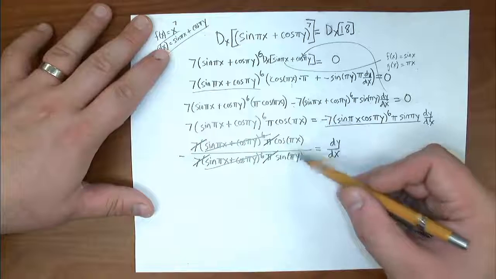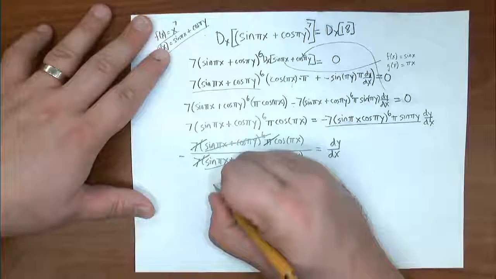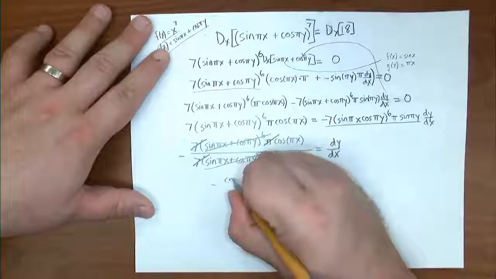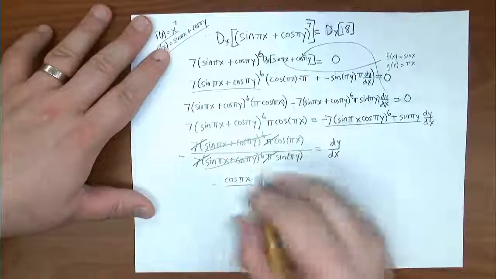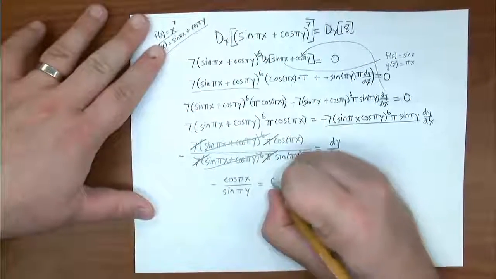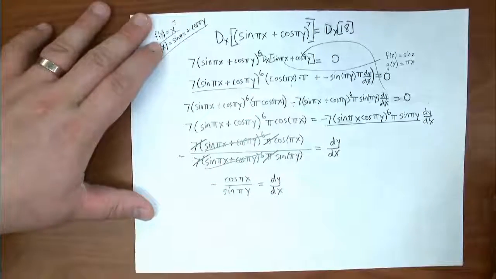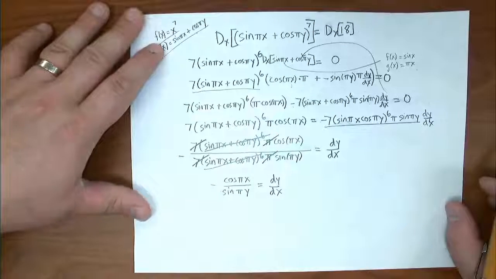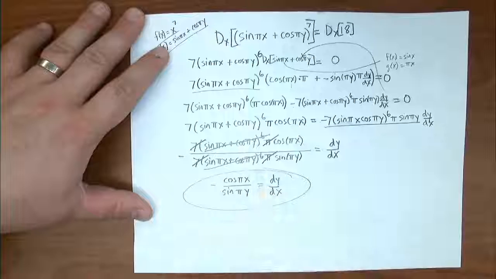But you can't because the arguments aren't the same. So we're left with negative cosine pi x over sine pi y equals dy/dx. Sure was a whole lot of nonsense to get to that tiny answer there.